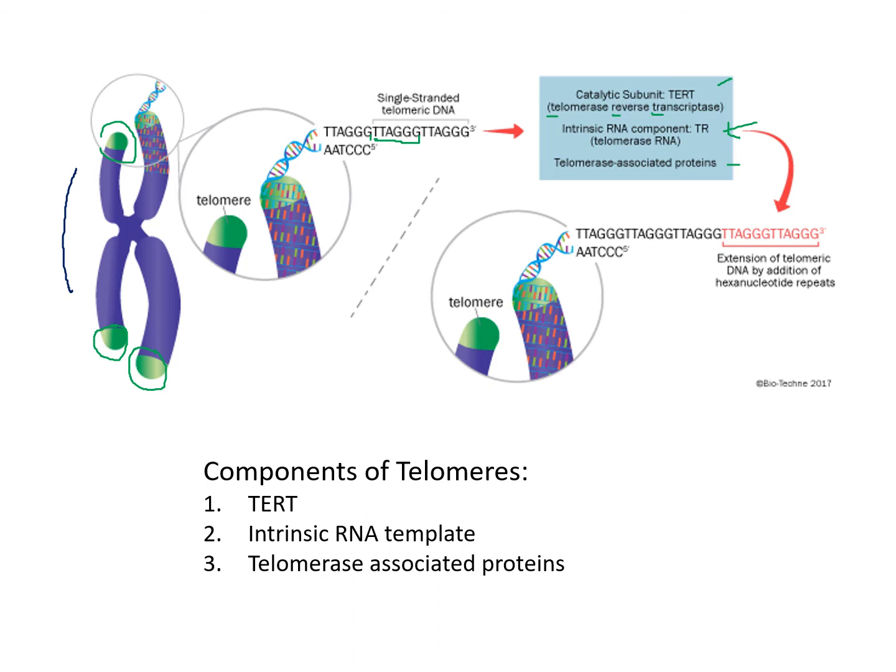And this RNA actually acts as a template. So functional telomerase is composed of TERT, reverse transcriptase, and its built-in RNA template. The telomerase-associated proteins are involved in regulating the length of telomeres and forming a structure we'll talk about in a few minutes.